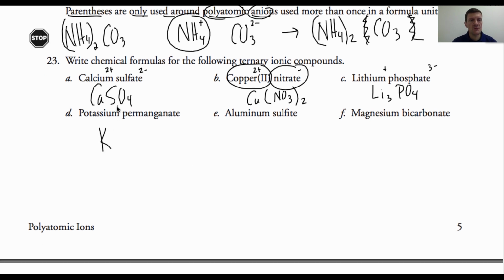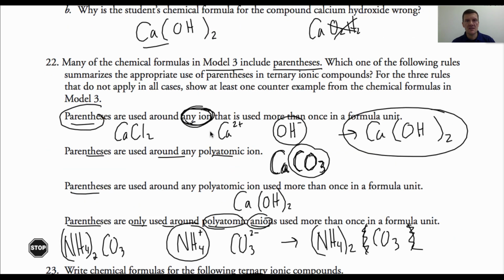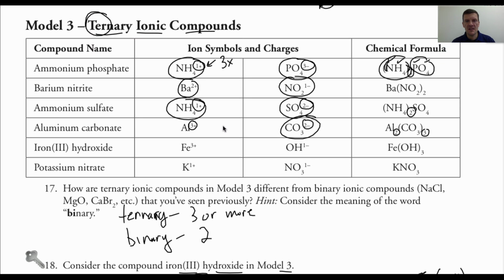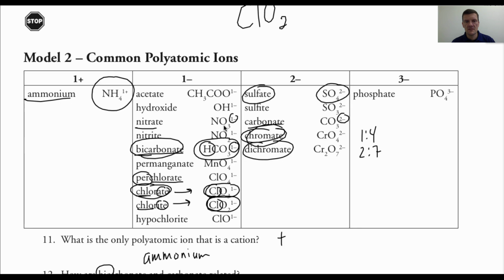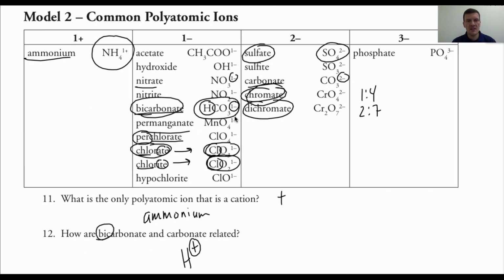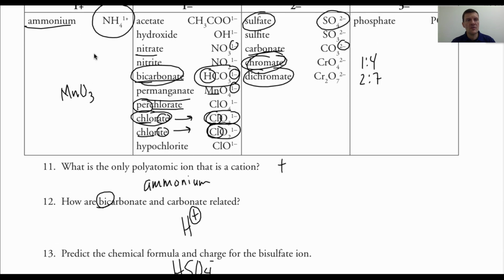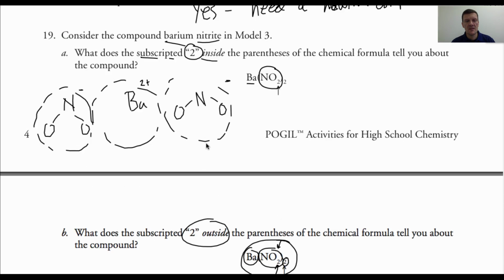Potassium is a +1. Permanganate. Let's double check here. Here's our permanganate. It is a -1 as well. So this is MnO4. It's got one more oxygen than the manganate. So manganate would just be MnO3 with probably a -1 charge.